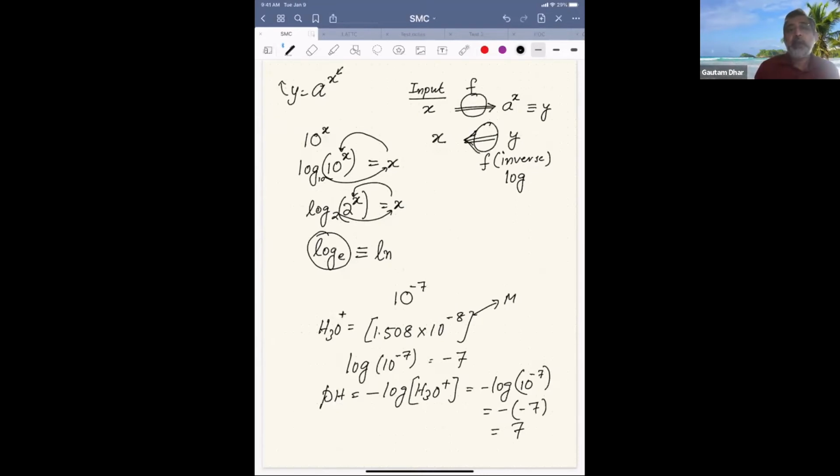Now if you have a reverse machine, where you put in y and get back x, you can think of this as the first machine, where you put in x and get y, and the inverse machine, where you put in y and get back x. Our exponent is a normal machine: you put flour inside and get back tortillas.